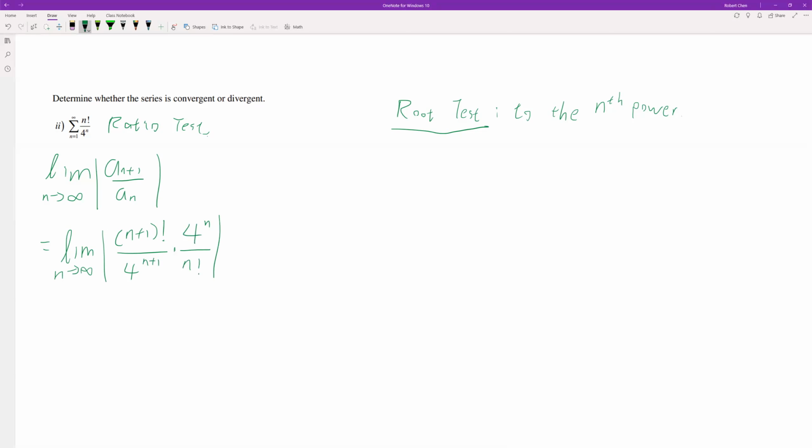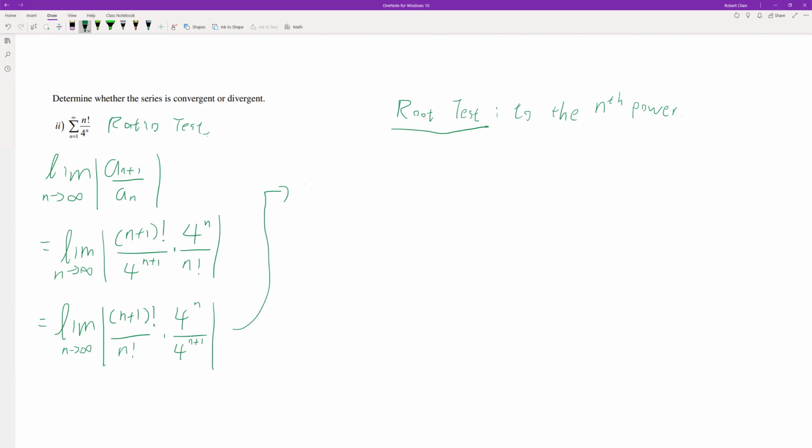I'm going to reorder these so we can start simplifying. First I'll have the factorials, (n plus 1) factorial over n factorial, and then 4 to the n over 4 to the n plus 1.